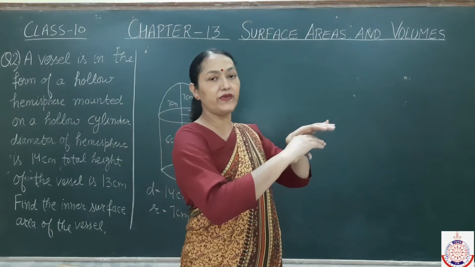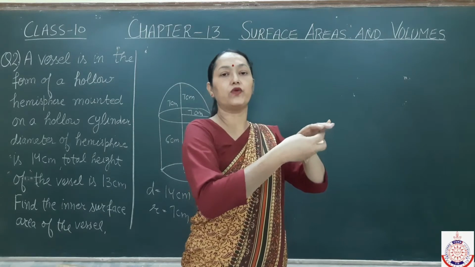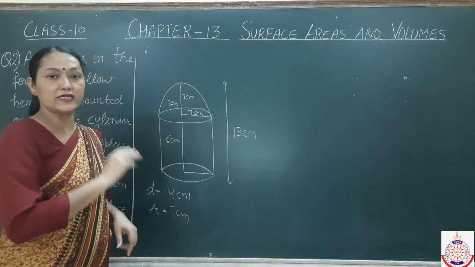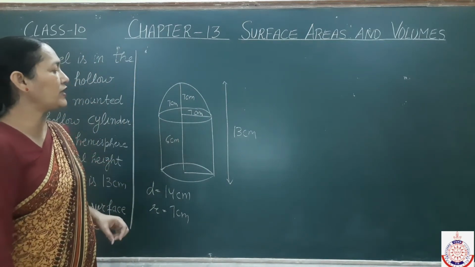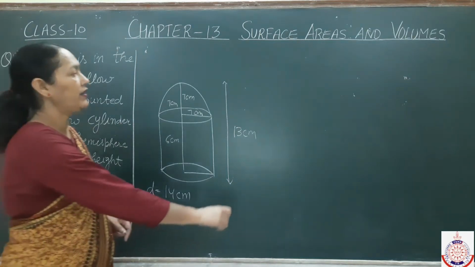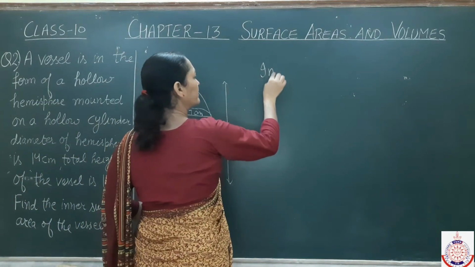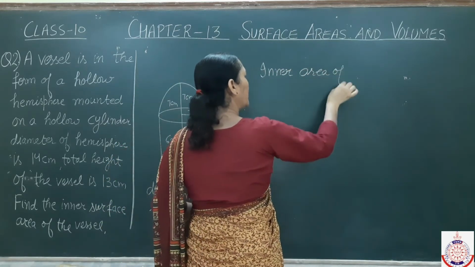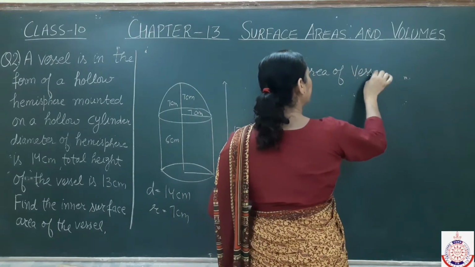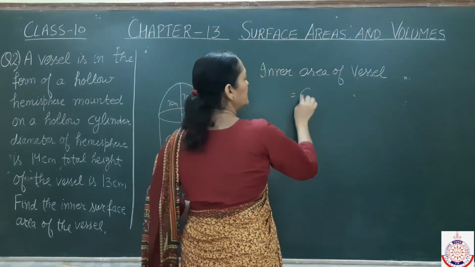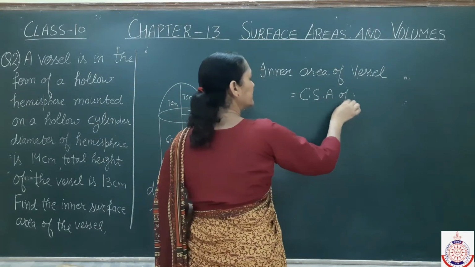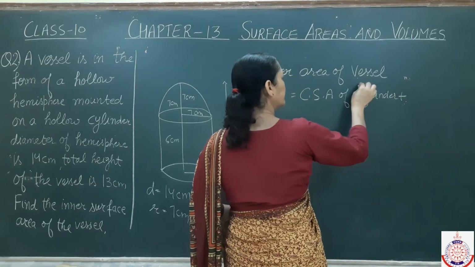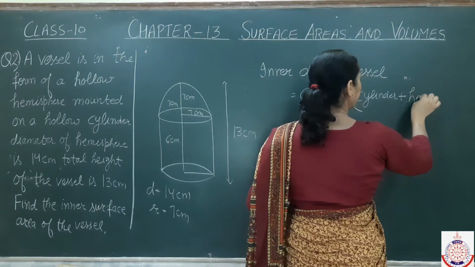Inner area means whatever we have to do, paint or color, we have to do it on the inner surface only. So inner CSA is to be calculated. For calculating the inner area of the vessel, we need the CSA of cylinder plus the CSA of hemisphere.